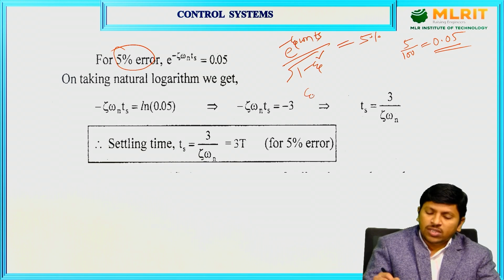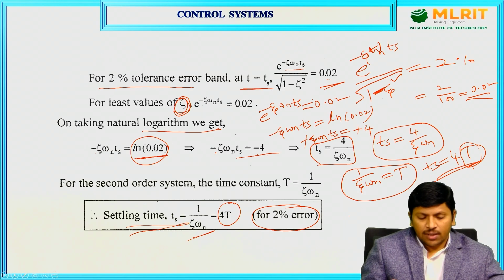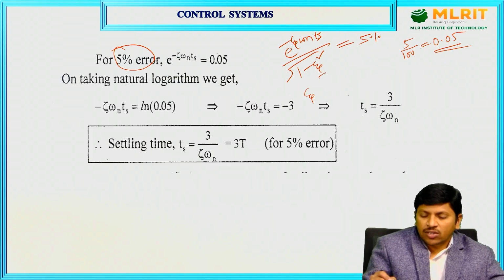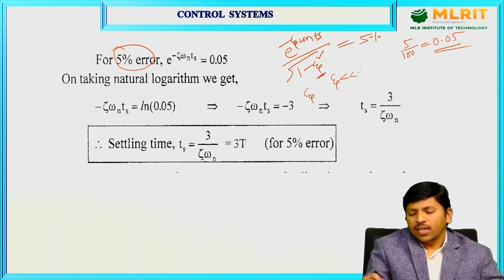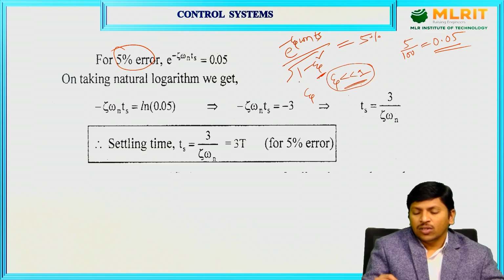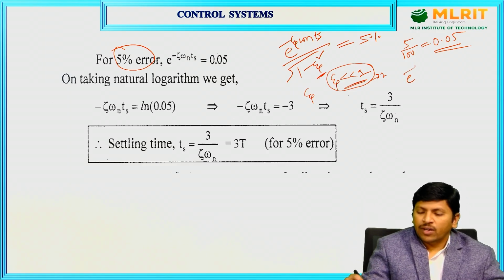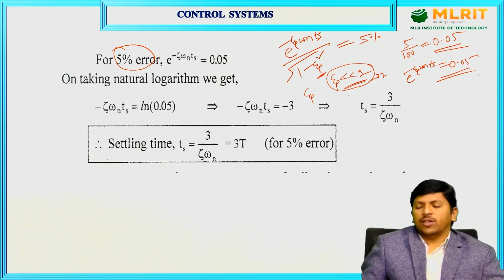Here also zeta is very much less than 1, which means it is a low value and can be neglected, so it is near 0. Then 1 minus 0 under root 1 is directly 1. So e power of minus zeta omega n ts equals 0.05, for 5%.